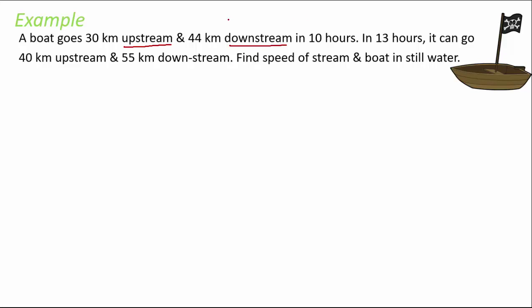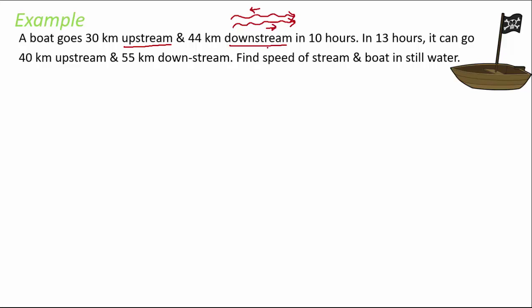For example, let us suppose this is the direction in which the water in the river is flowing. So that's the direction of the water. If the boat is moving in the opposite direction, this is called upstream. And if the boat is moving along the same direction, that is called downstream, right?